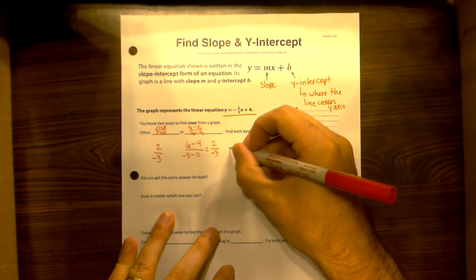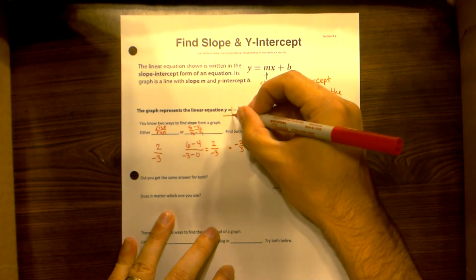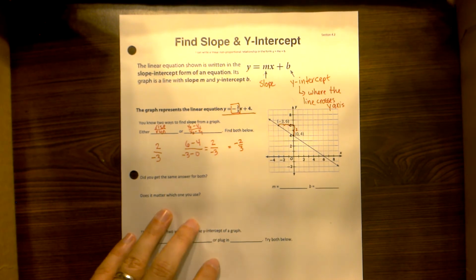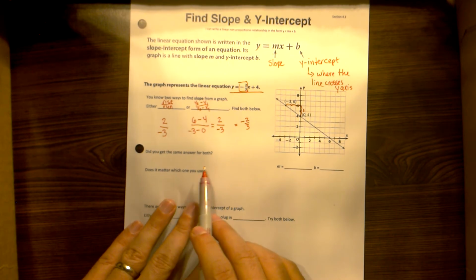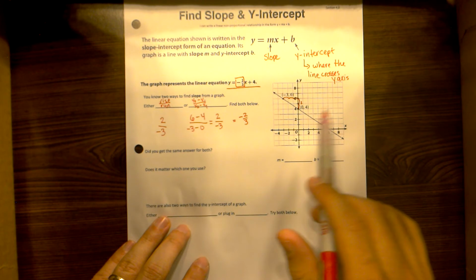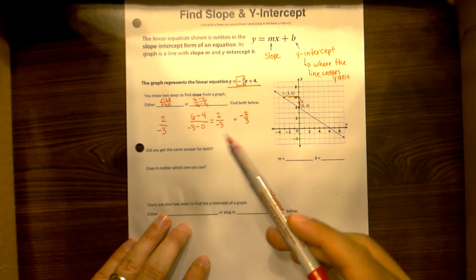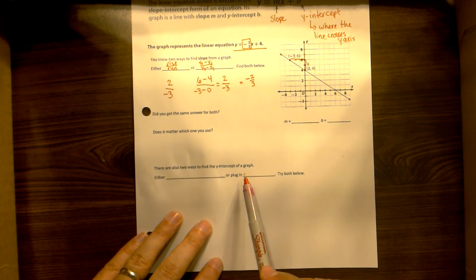So either way, I get a slope of negative 2/3, which you can see right here. Will you get the same answer for both? Yes, you do. Does it matter which one you use? No, it doesn't. You can choose to count rise over run, or you can find the difference of y's over the difference of x's.